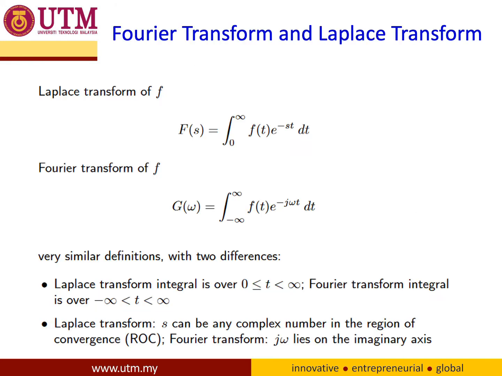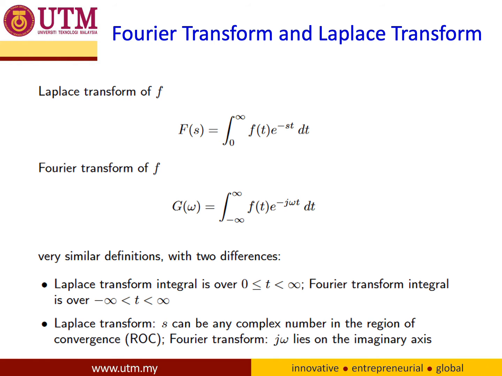As a summary, the Laplace transform F(s) equals the integral from 0 to infinity of f(t) exponential to the power of minus st dt, whereas for the Fourier transform, G(ω) equals the integral from minus infinity to infinity of f(t) exponential to the power minus jωt dt.